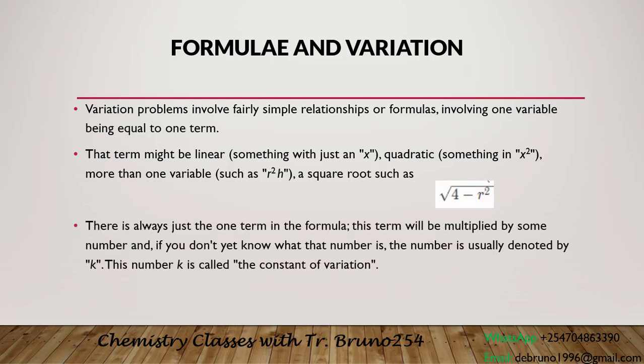There is always just that one term in any given variation, and that term is denoted by k and is called the constant of the variation. We shall see in the following sections what that constant stands for and how we calculate it.